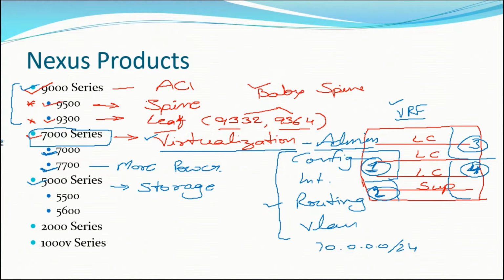Those things have limitations in the Nexus 7000. We have some specific ports that only support storage. If we are aware of the storage perspective, it is only Fibre Channel ports that work for storage.